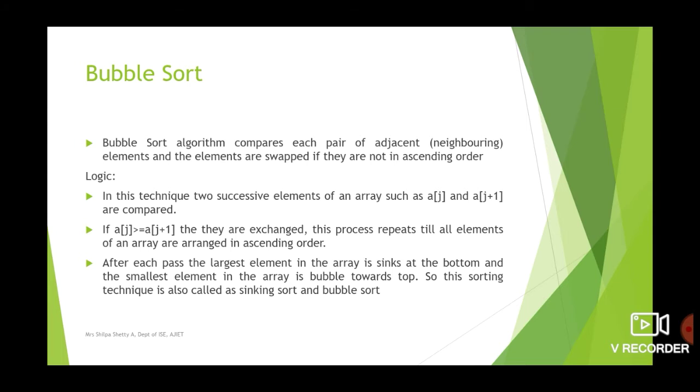So after each pass, and when I say pass, it means one set of comparisons, once we finish a particular pass, the largest element in the array sinks to the bottom and the smallest element in the array will bubble towards the top. That means, imagine the array as a vertical table.